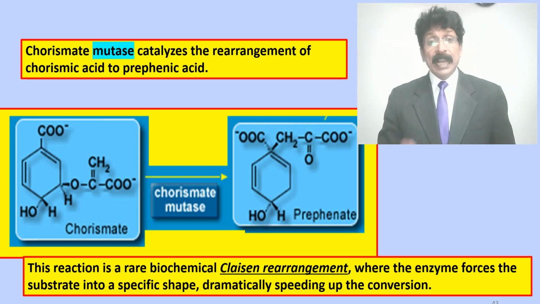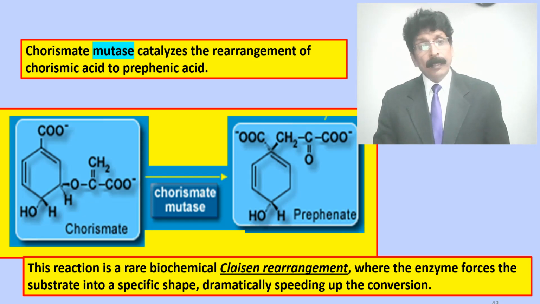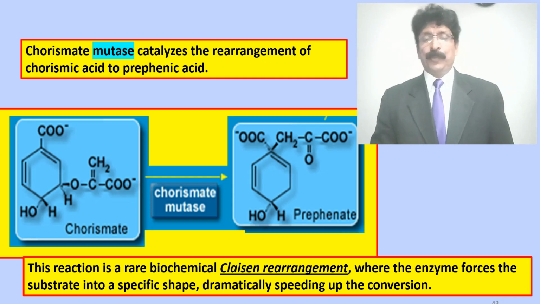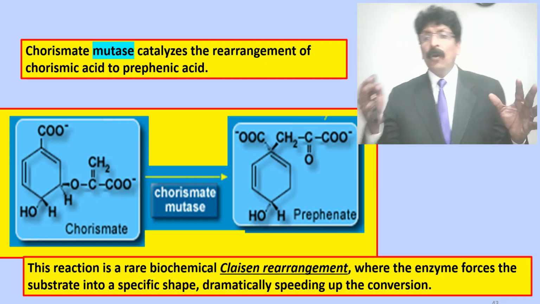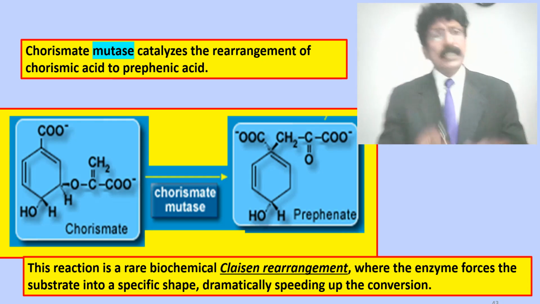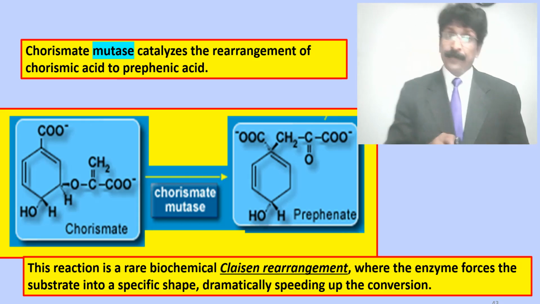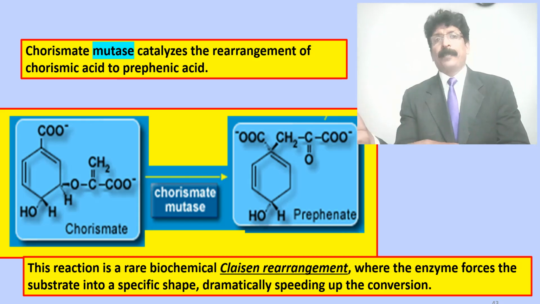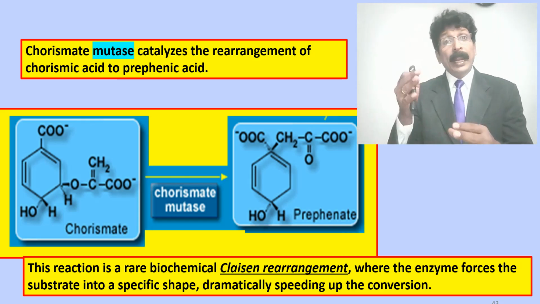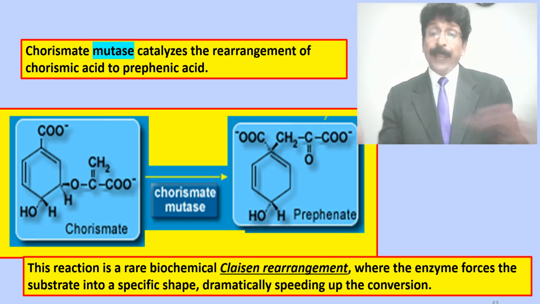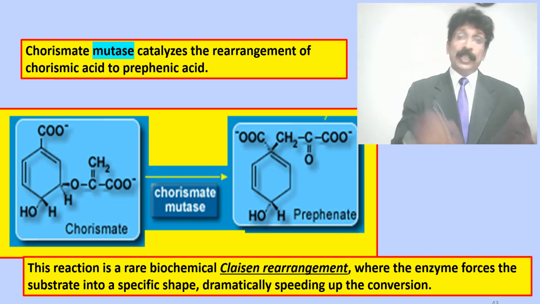This reaction is called the Claisen rearrangement, where the enzyme focuses the chorismate into a specific shape, dramatically speeding up the conversion. You can see the conversion of the step.